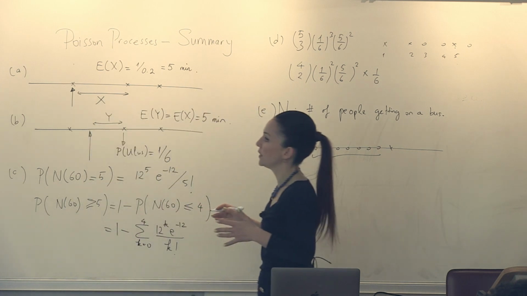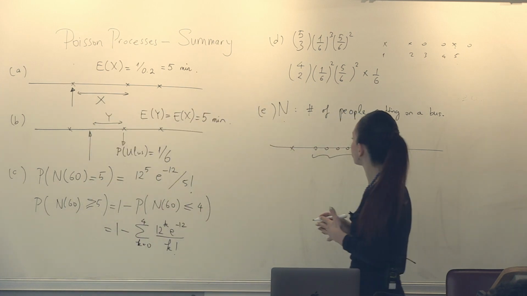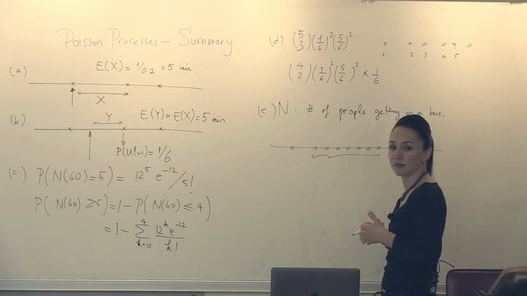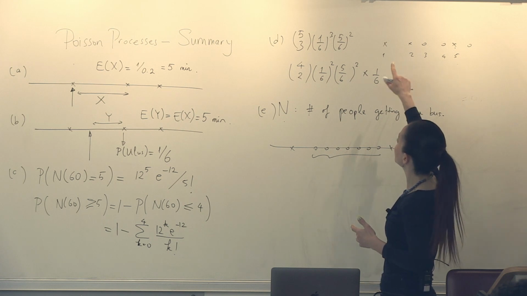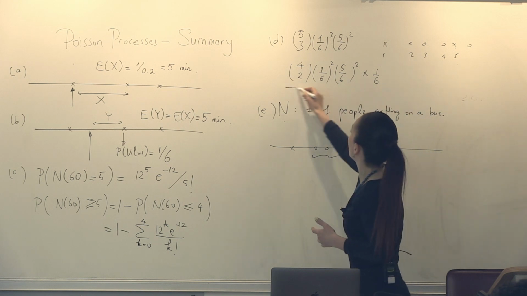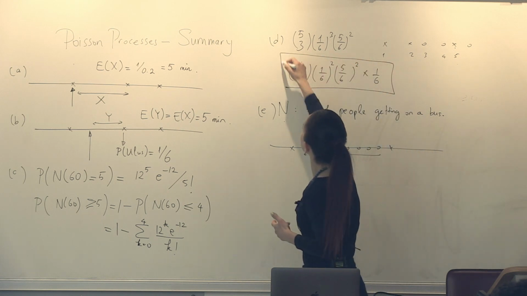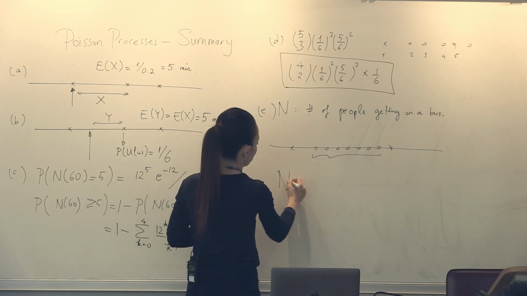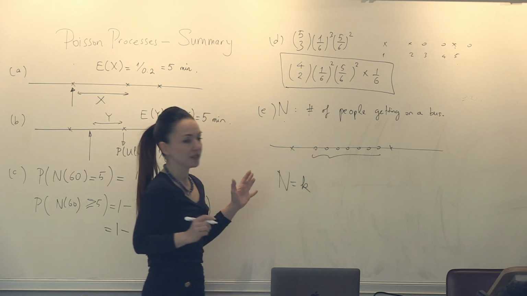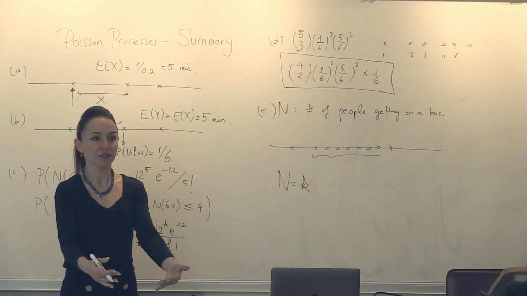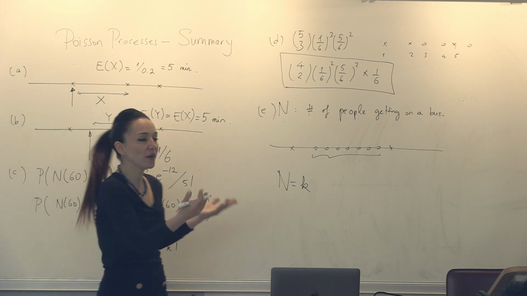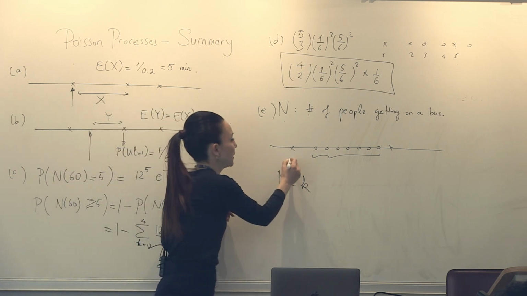But how do we find the PMF? It's related to the second part of part D. It's related to this. The event that N is equal to k is the event that k people arrive before the first bus. Or why do I say first bus? Because I'm starting counting from here.